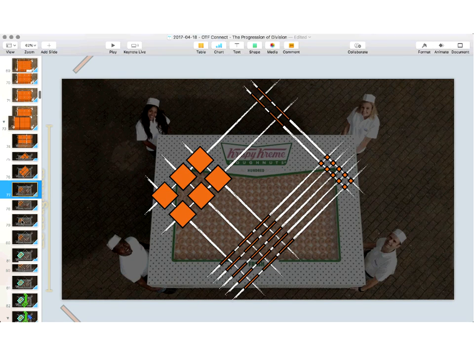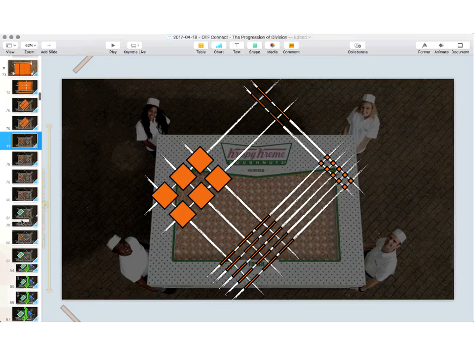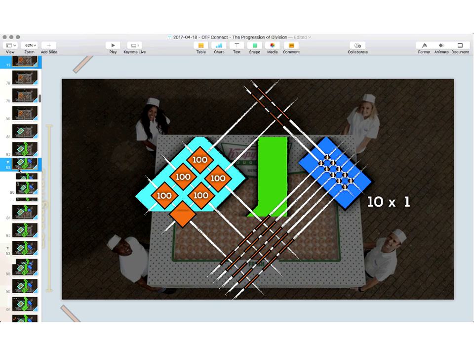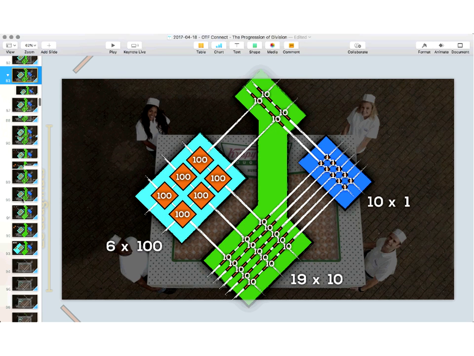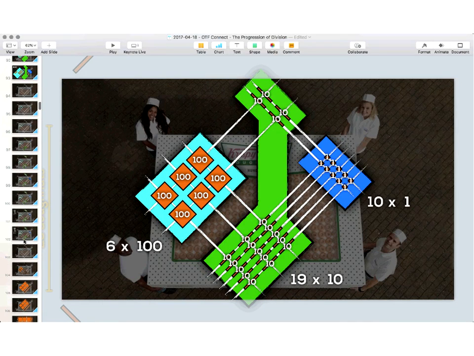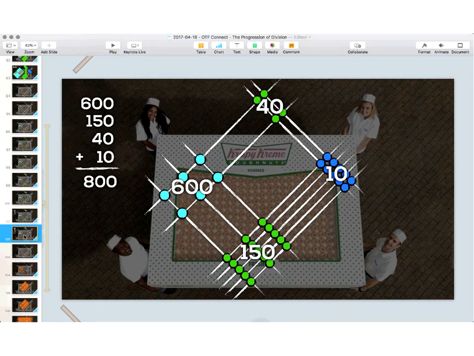So up in the far left, we can see all of our 100 flaps. We have 19 10 rods, and we have 10 units. So again, just one other strategy that might be useful as we approach our division this evening.